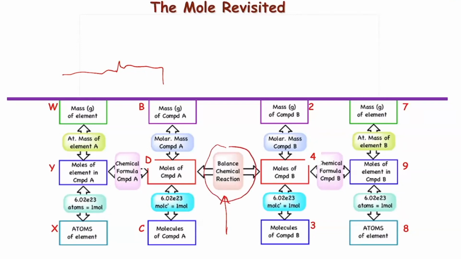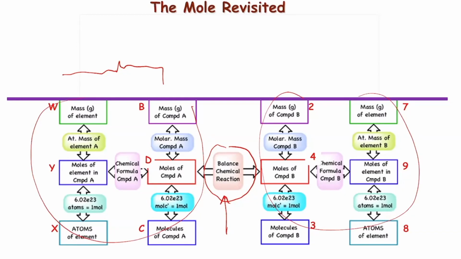Just like the formula for a compound, KMnO4, 1 potassium, 1 permanganate, 4 oxygens. In a balanced equation, the coefficient of each chemical, those are your mole ratio. Okay, and I'll try and explain that. So this right here, you see how this is a mirror image of this? And it's related through the balanced equation?